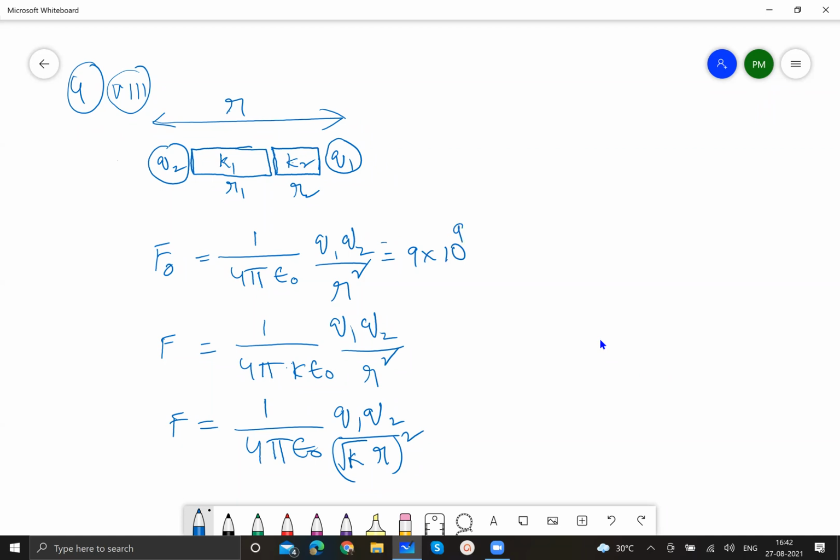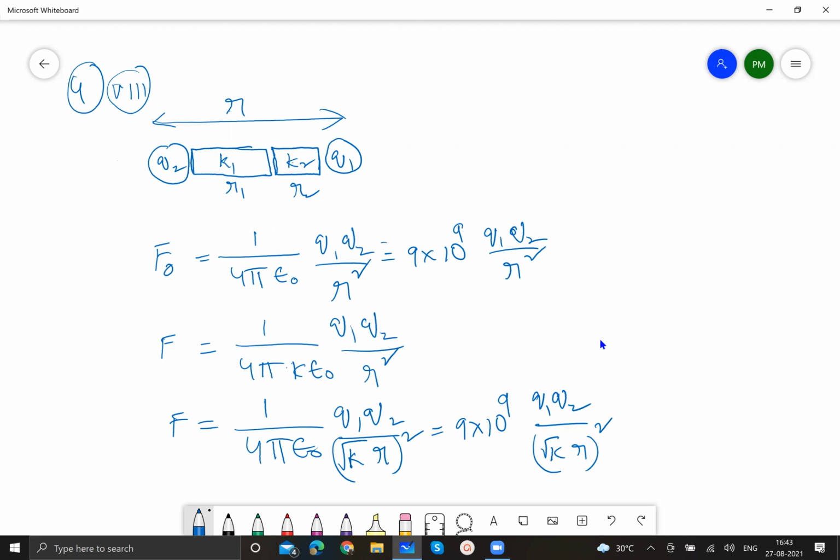This is 9 into 10 to the power of 9 Q1 Q2 by r square. This is 9 into 10 to the power of 9 Q1 Q2 by (root K r) whole square.